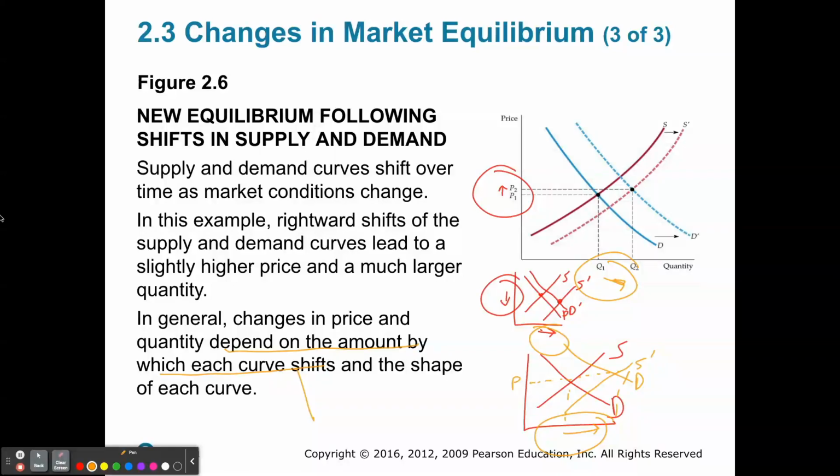We know with certainty that quantity will go up. But we need more information to know what will happen to the price. So that is the ambiguous variable, because it could go up, down, or stay the same depending on how much the two curves shifted. And so whenever you shift two curves, there's going to be an ambiguous variable and an unambiguous variable.